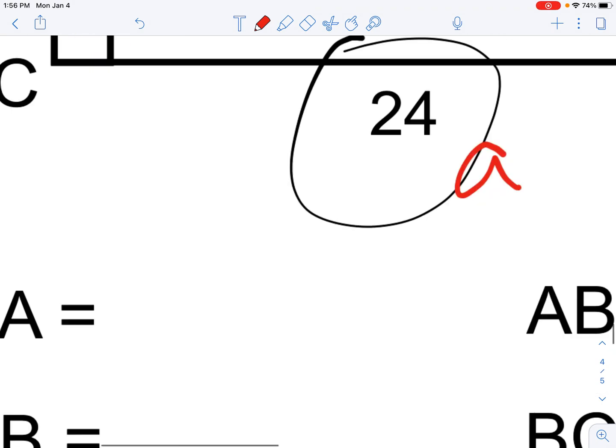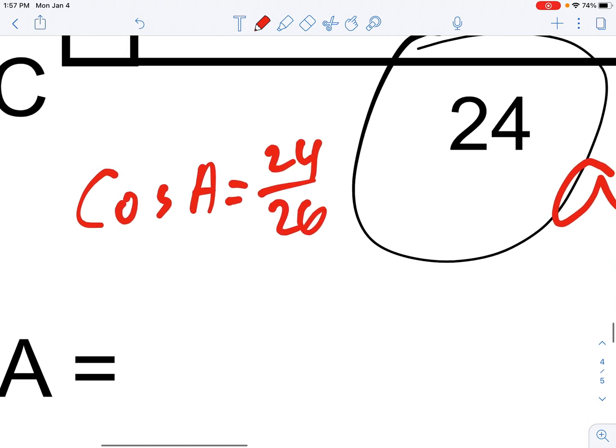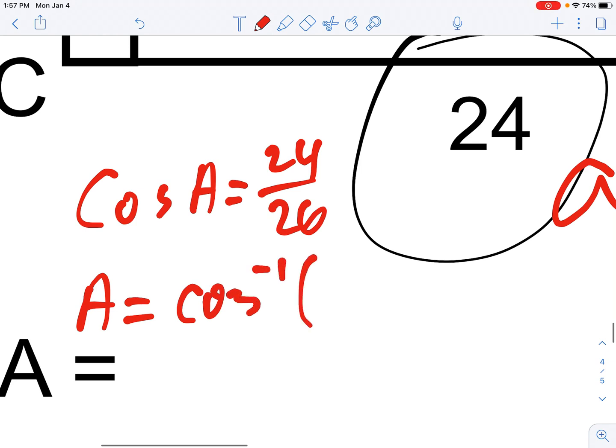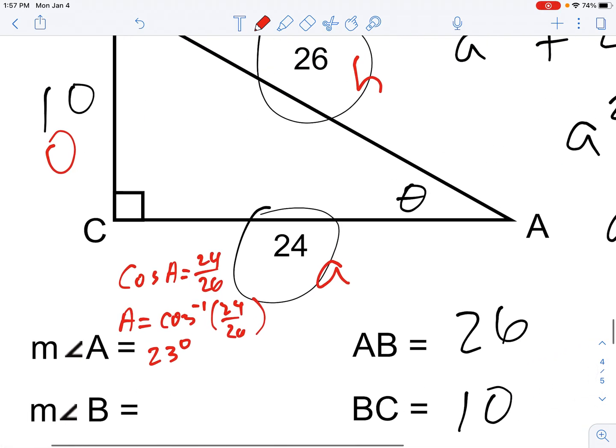So the cosine of A is 24 over 26. So A is going to equal the cosine inverse of 24 over 26. And that, my friends, is 22.619, and we'll call that 23 degrees.